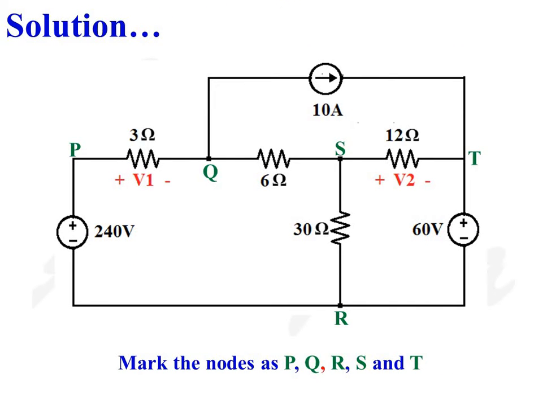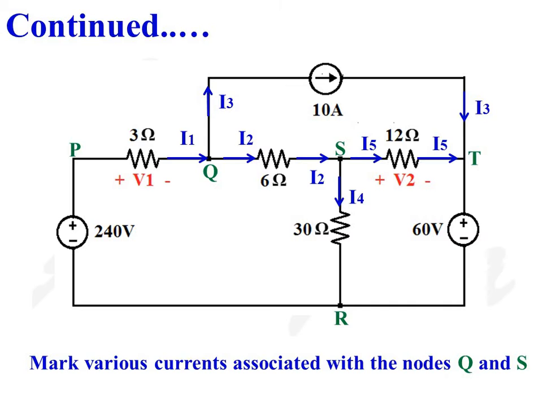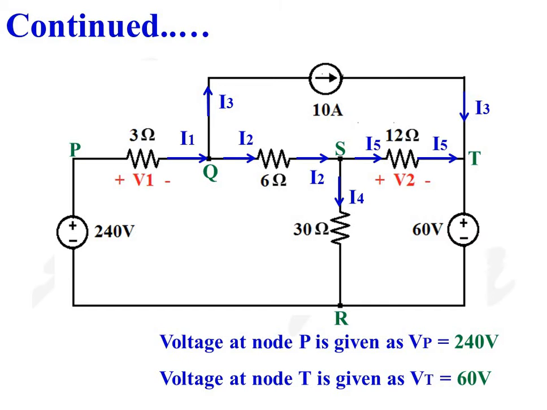Mark various nodes as P, Q, R, S and T. Mark various currents associated with the nodes Q and S. Voltage at node P is given as 240 volt and voltage at node T is given as 60 volt.